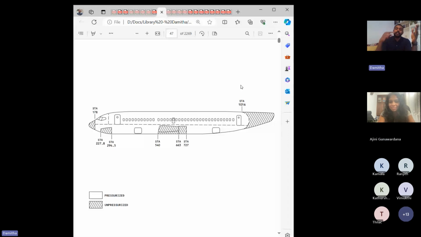So it gets pressurized and it flies, and when it lands it depressurizes again. This is called a pressure cycle: pressurization, depressurization. The aircraft also goes through constant vibration from the engines and from the wind. It has micro flutters on the wings and everything, which carry throughout the structure, and the vibrations from the engine itself resonate throughout the structure.